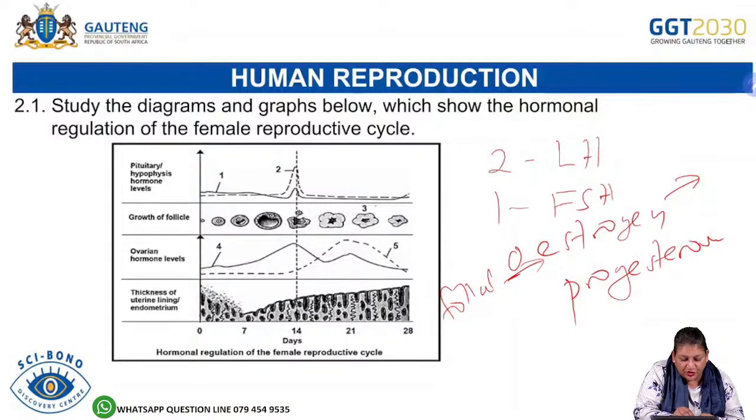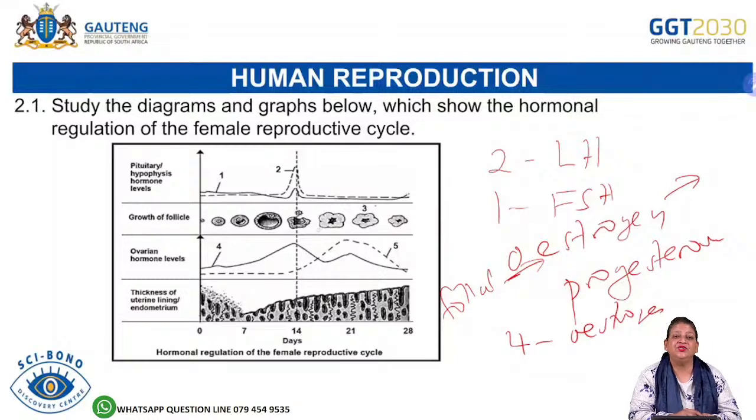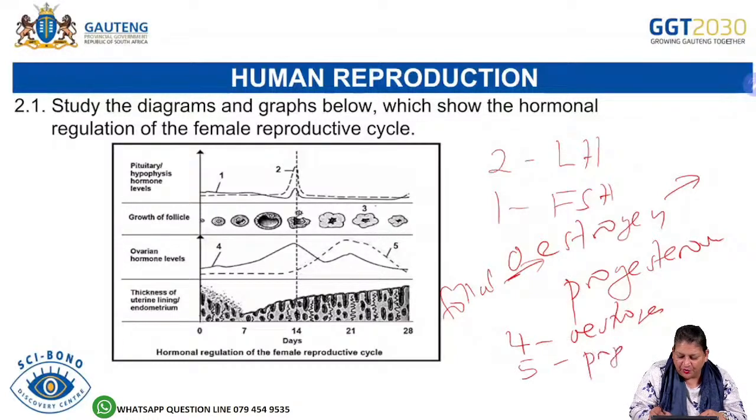Number 4 is also beginning to increase. So number 4 is going to be your estrogen. And then after the 14th day, you're going to analyze that my corpus luteum formed. And once the corpus luteum forms, what does it secrete? Progesterone. So what increased or peaked after the 14th day was number 5. So number 5 is going to be progesterone.